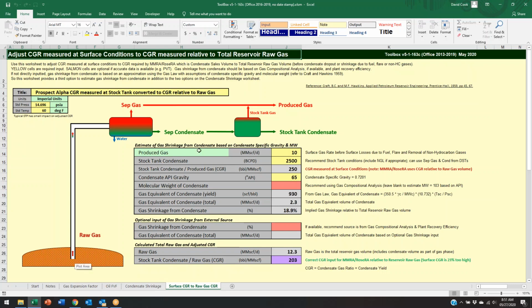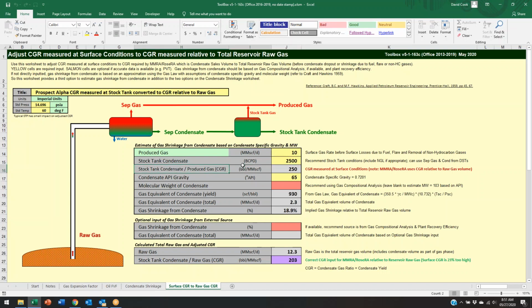So for example, here the little schematic is showing the gas coming out and separating out into gas and condensate and water, and then going through another separator in here. What this allows you to do is to capture, for either produced gas or separator gas, what is measured at the surface, the gas versus the condensate.